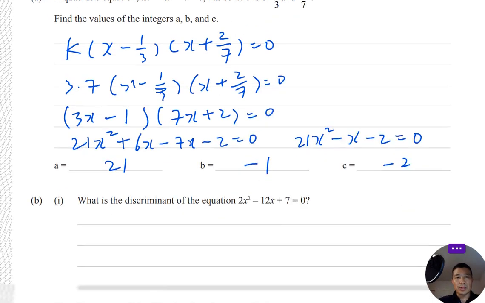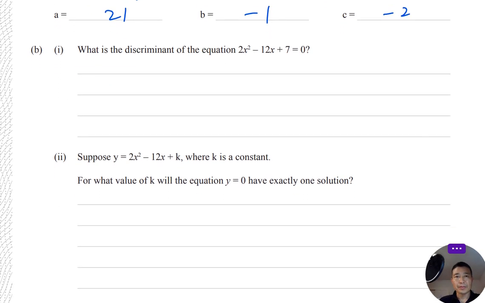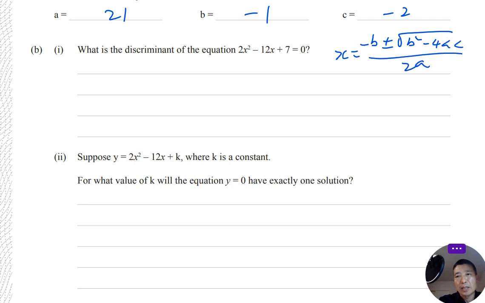Alright, question B. What is the discriminant of the equation 2x squared minus 12x plus 7 equals 0? Now, I just remind you, the discriminant comes from the quadratic formula. Do you remember? x equals negative b plus or minus the square root of b squared minus 4ac, over 2a.